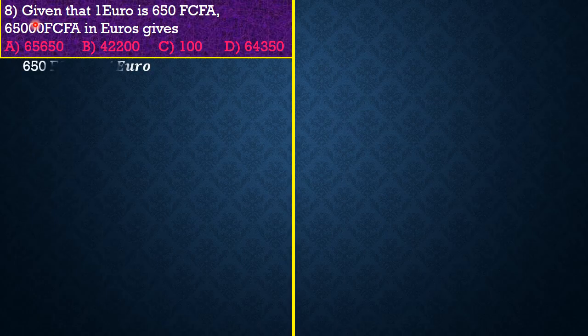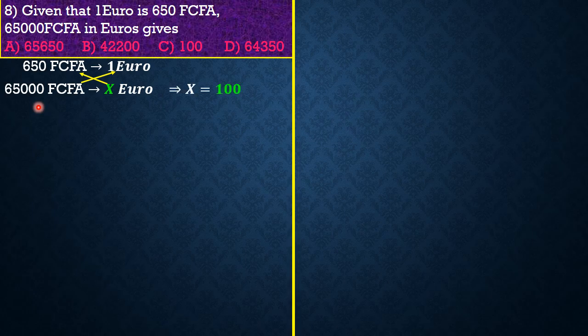If 650 francs CFA is equivalent to 1 euro, it means that 65,000 francs CFA can give us x euros. So we cross multiply: x times 650 is equal to 1 times 65,000. If we do that, we are going to have x equal to 100. So option C is the best option for this question.